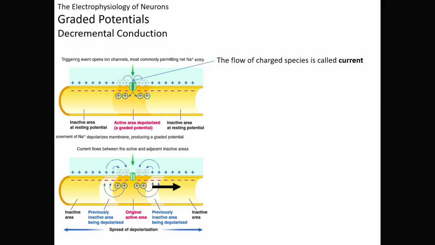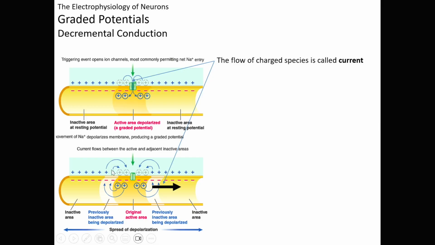Now, terminology again, that also would be current, right? When we have the sodiums flowing down within the intracellular fluid here, flowing away, that would also be an example of current. But what we also have to appreciate here is that once those sodium ions left from this area and came into the intracellular fluid, this area on the outside face of this membrane becomes more negative all of a sudden than it was.